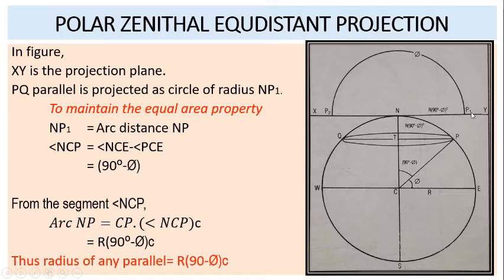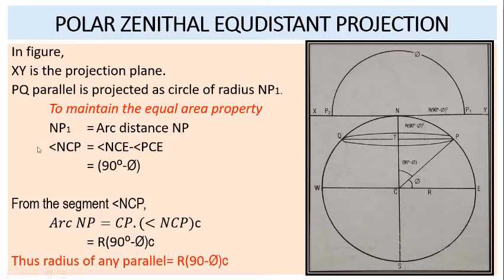But this is the arc distance. To maintain the equidistant property, NP1 is equal to the arc distance of NP. Now we should understand the arc distance. It is not the simple linear distance, rather it is arc distance.